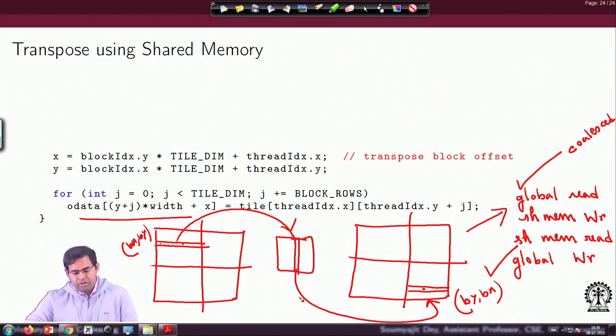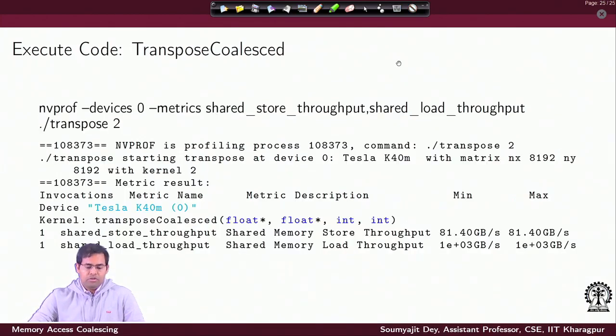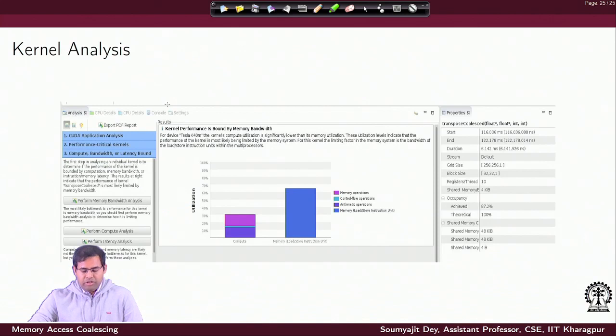But of course, one pitfall, as you can see, is that the shared memory will have a lot of conflicts here. So if we just use our earlier methods for doing device level profiling, then we can get the statistics. We will see that this is much less if you compare with the implementations where we completely avoided using the shared memory.